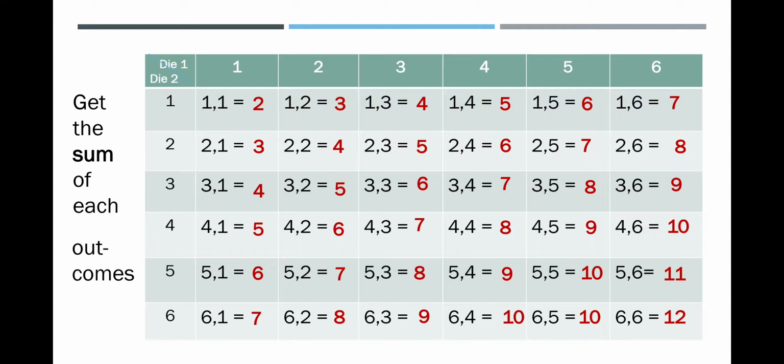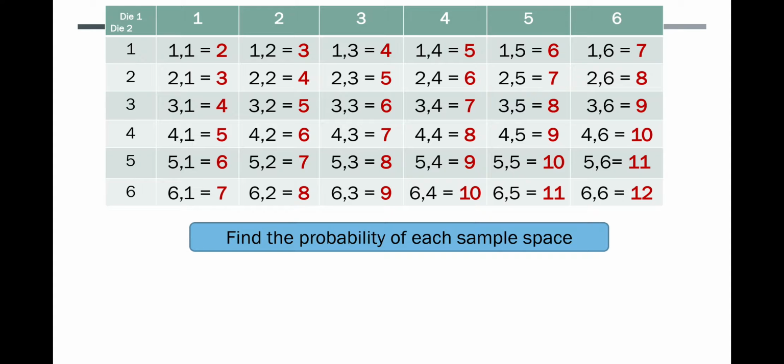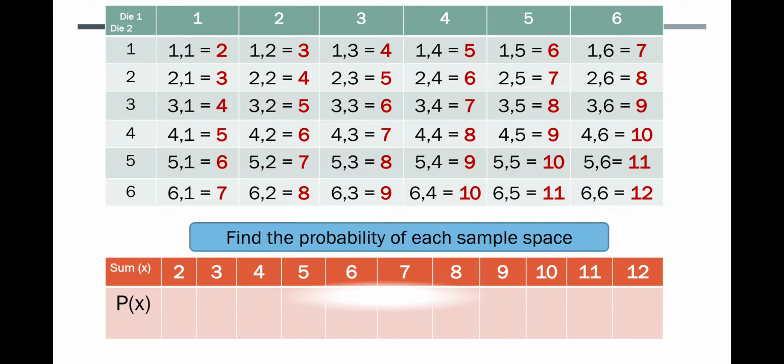So we have here the sum of each outcome. From the sum, we're going now to find the probability of each sample space, where the sample space here is the sum 2, 3, 4, 5, 6, 7, 8, 9, 10, 11, and 12. So we have here the sum from 2 to 12.